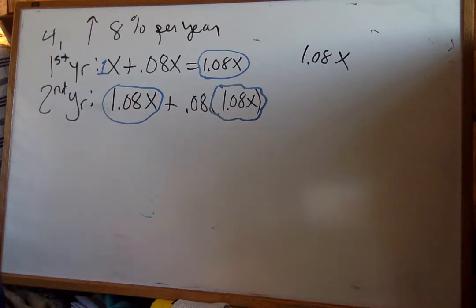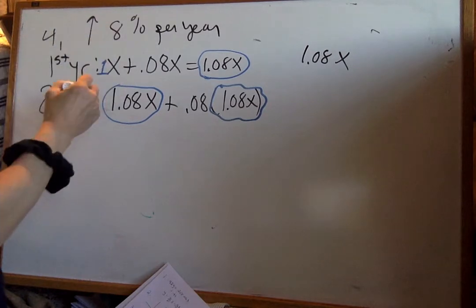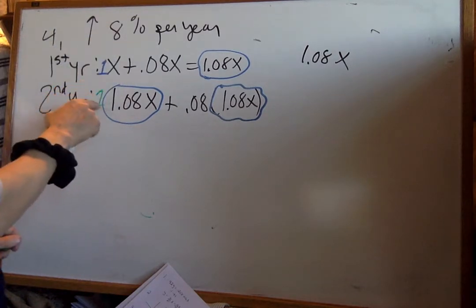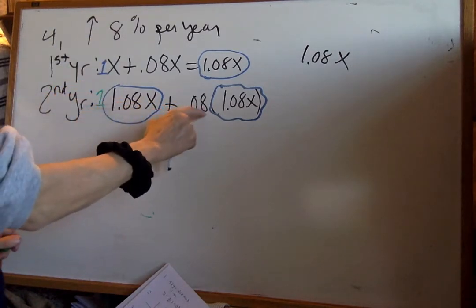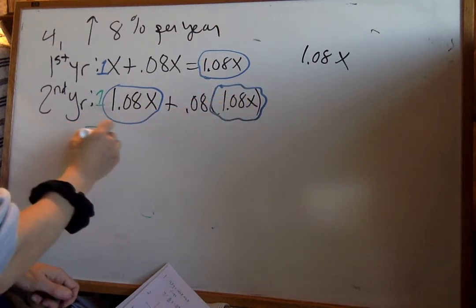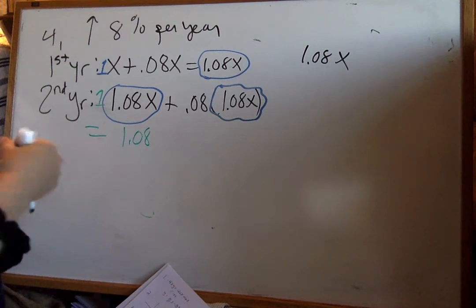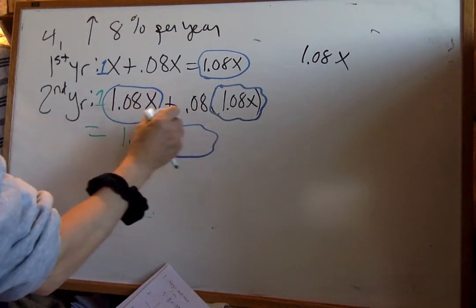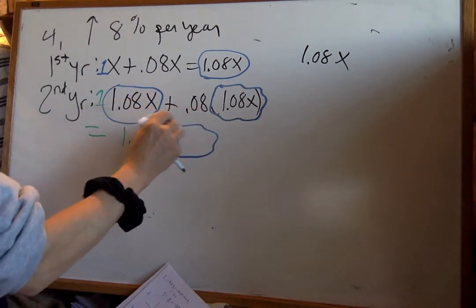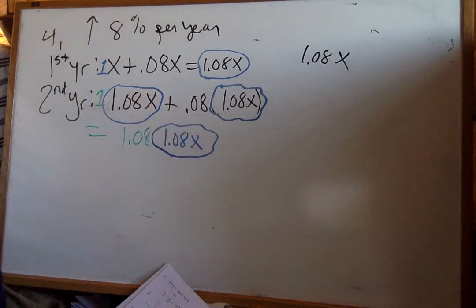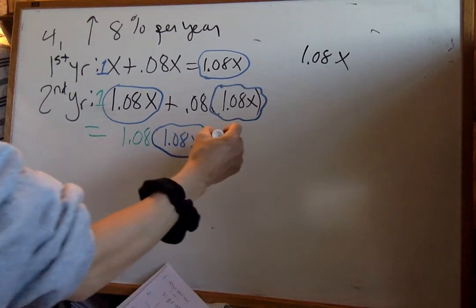Let me grab a different color. Where's my green? So there's 1 here, right? One of these bubbles plus 0.08 of these bubbles is 1.08 of the bubble. Oh, I'm already feeling like there might be a pattern here.